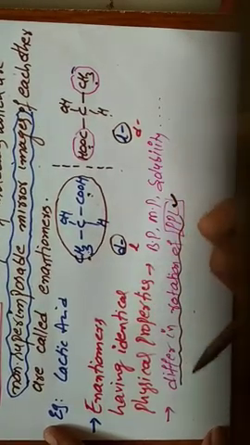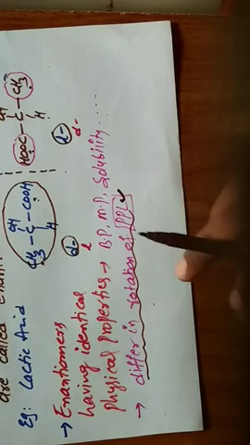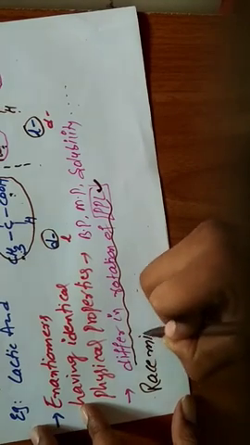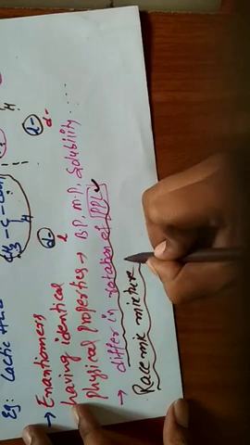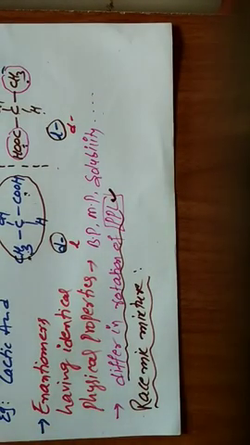And next we will go to another important definition, racemic mixture. So racemic mixture means it is an equimolar mixture of D isomer and L isomer.